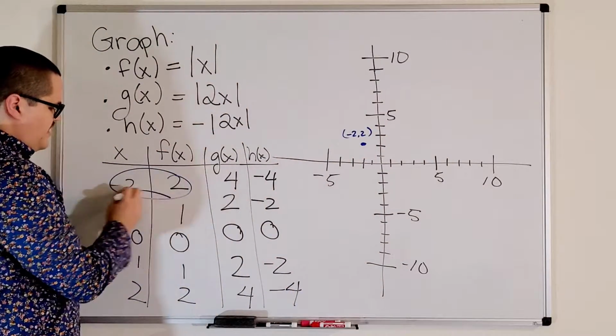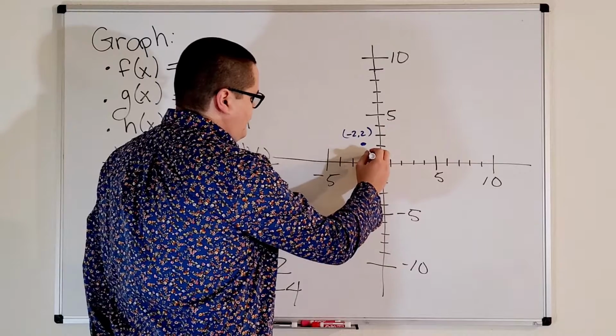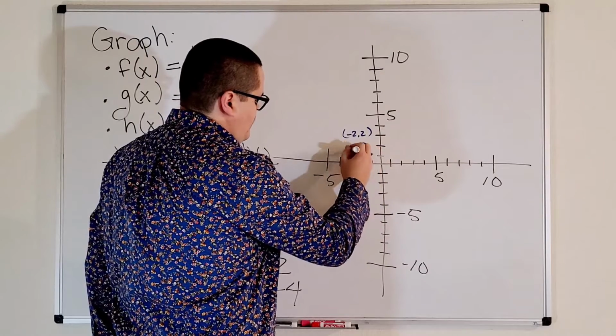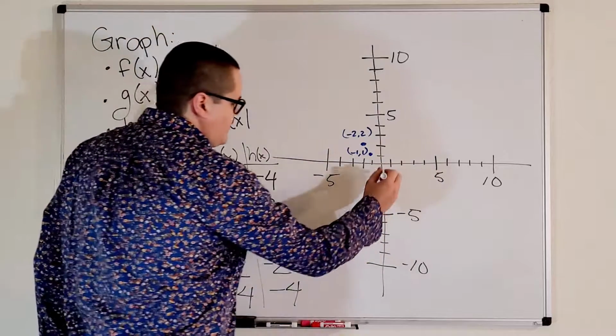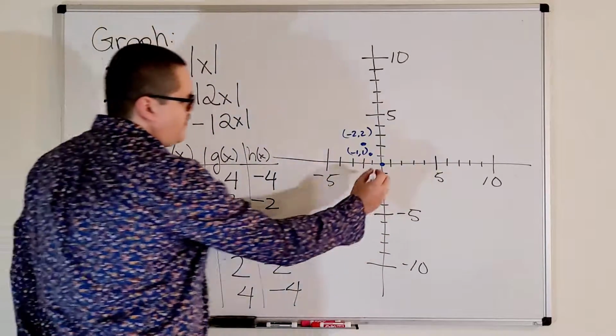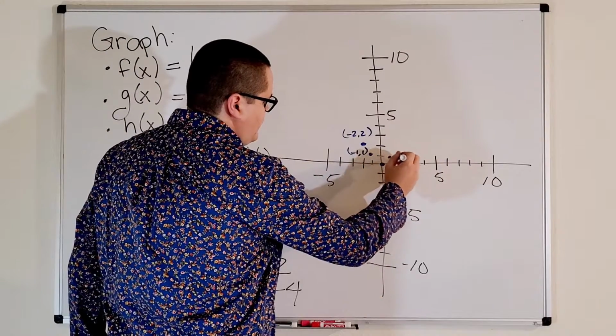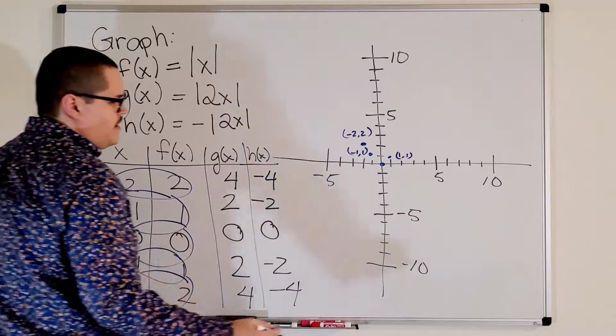Another point is -1, 1, left 1, up 1. 0, 0, that's our favorite, that's the origin. 1, 1, right 1, up 1. And 2, 2.